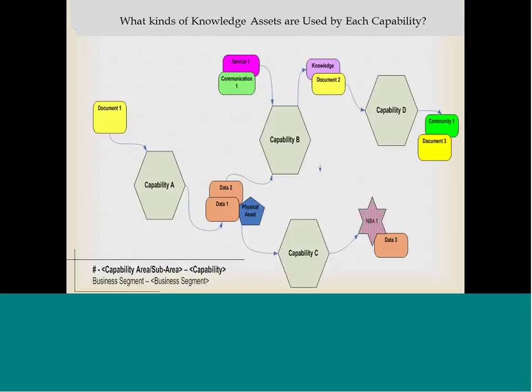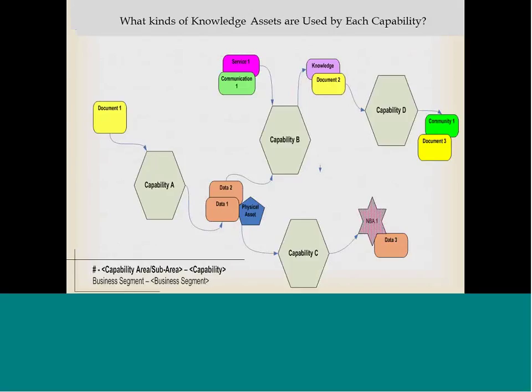All right. So this is essentially what a capability model looks like. The hexagons are essentially the capabilities. The colored squares linked to those are essentially assets. Now, there are different ways to define assets.